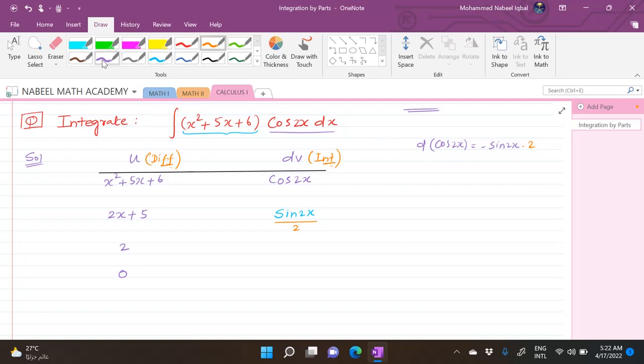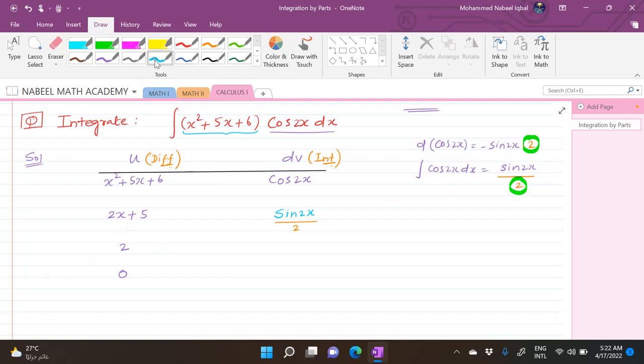Whereas in the integral, you will have over 2. That's it. Integral of cosine 2x dx is sine 2x over 2. So this is the only difference between integration and differentiation. In differentiation you multiply, whereas in the integral we have to write it over.